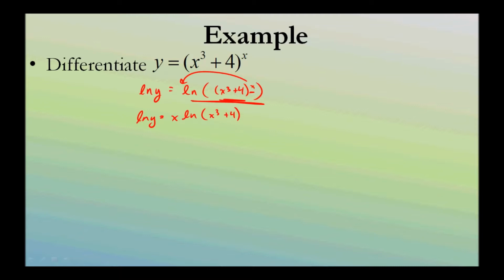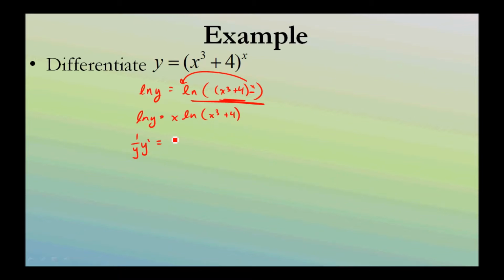Now that we have it in a more appropriate form for differentiation, we can differentiate it using the product rule. So the derivative of natural log of y is 1 over y times y prime.